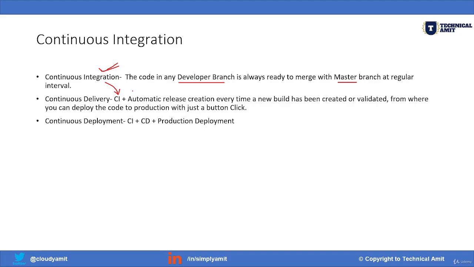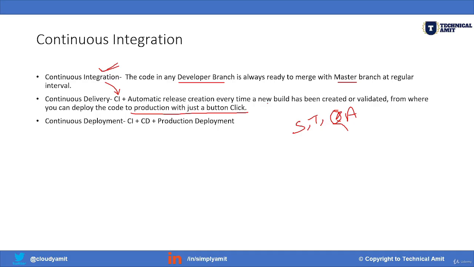If everything is okay, you can deploy the code with just a button click. So up to staging environment or up to testing environment, you can say QA environment, integration environment, for all these test environments, you can use continuous delivery with the help of CI plus other benefits.